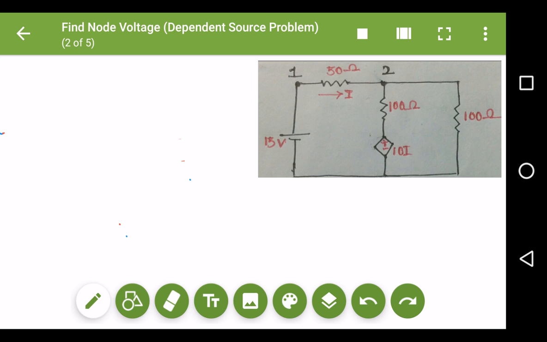So what I will do is this: the dependent voltage source and the resistance are in series. First of all, look that they are in series, so I can transform this voltage source into an equivalent current source.